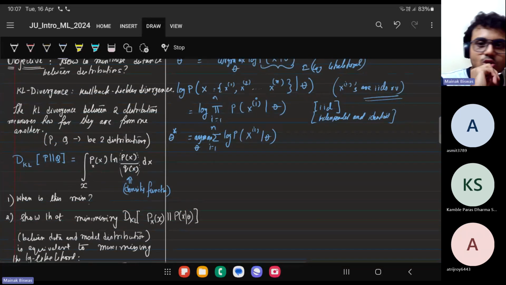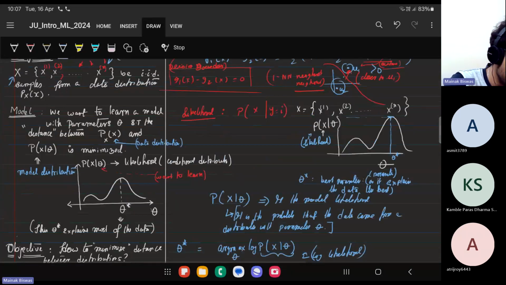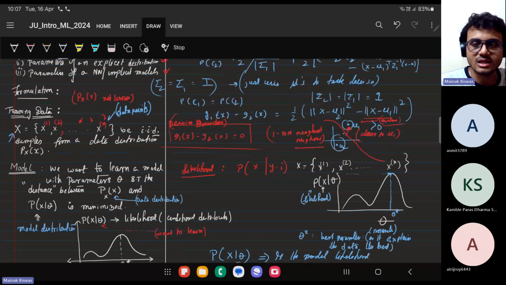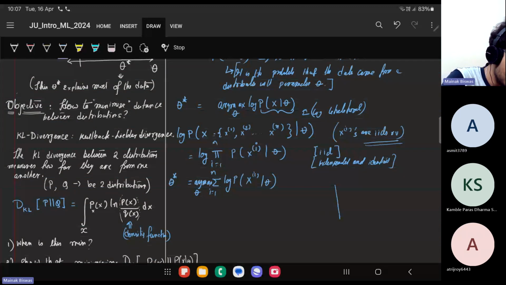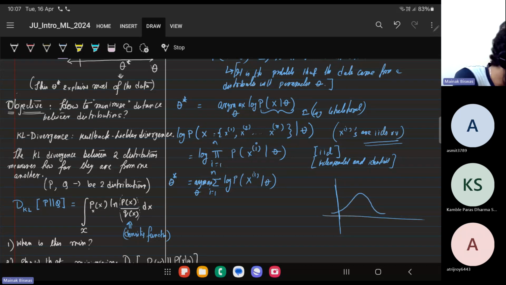So we understood what maximum likelihood estimation is, right? From this figure we saw that we took the parameter that explained the distribution the best. But say initially when you start off, you have to train the model. Say you have chosen a theta, and this is your actual data distribution.